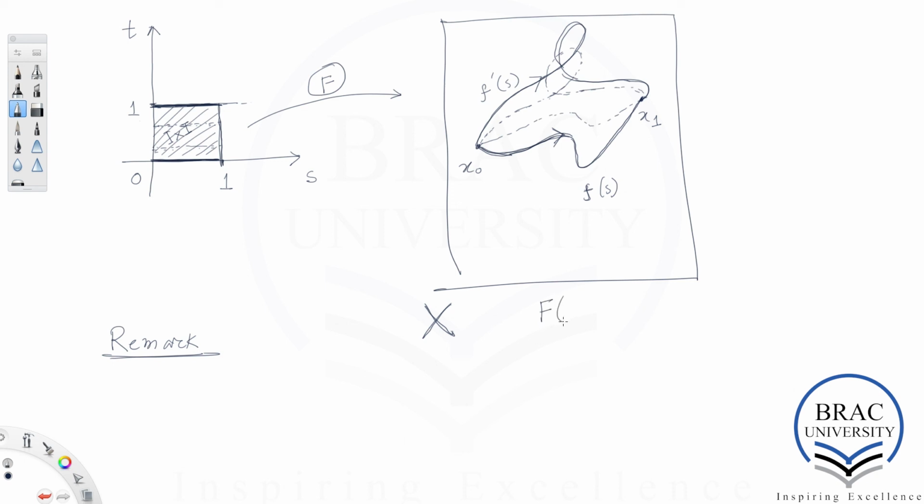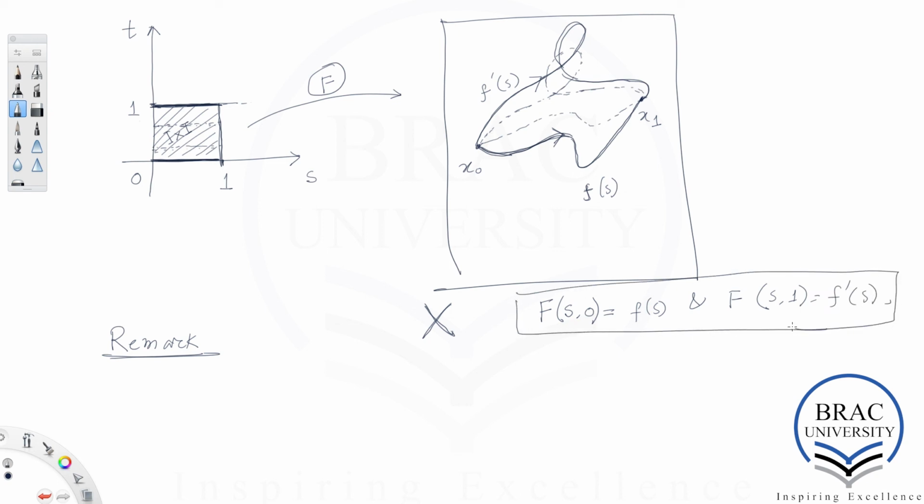So the first condition was F of s comma 0 is equal to small f of s, and F of s comma 1 is equal to f prime of s. This is what we call the first condition. Now the second condition is F of 0 comma t is equal to the initial point, and F of 1 comma t is the final point x1. This is what we call the second condition. Okay.